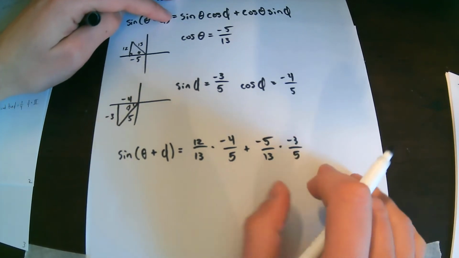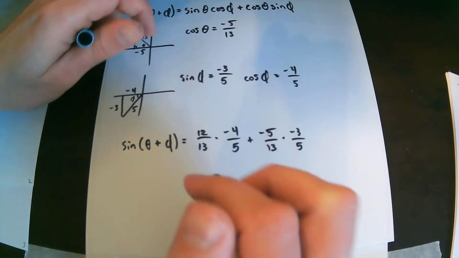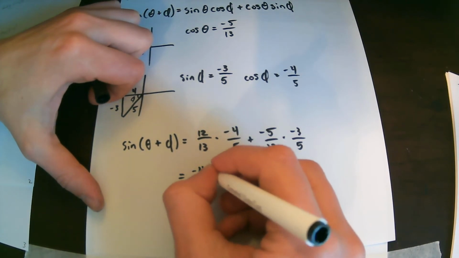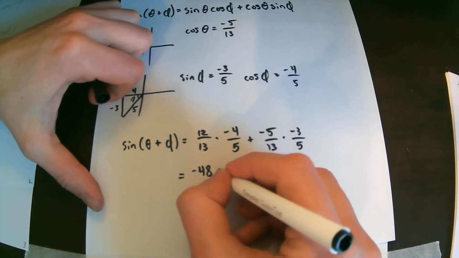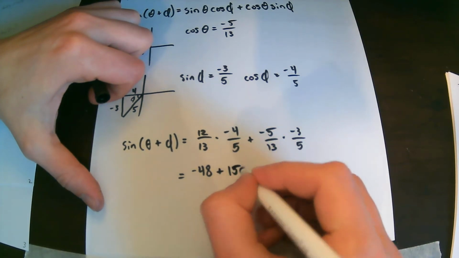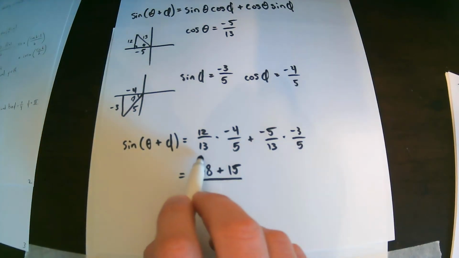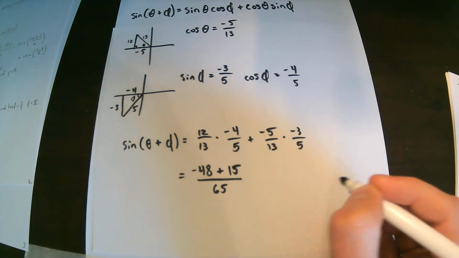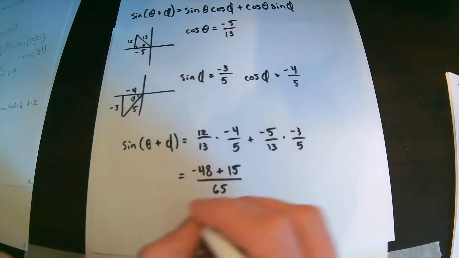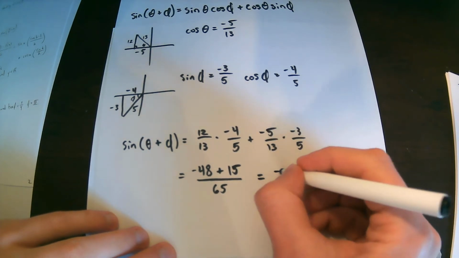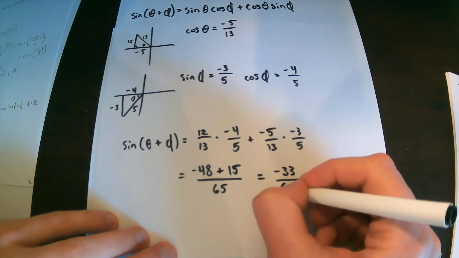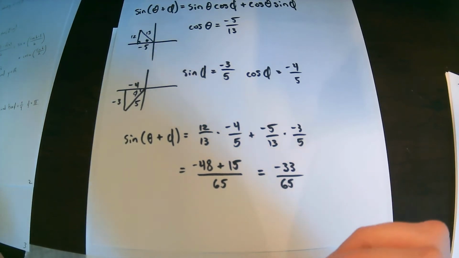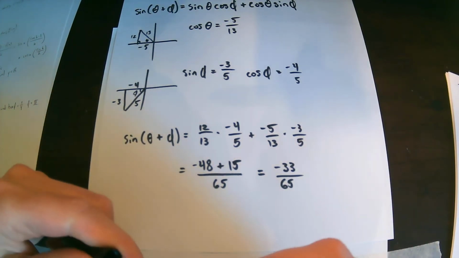And now you just need to clean this up a little bit. We're going to have negative 48 plus 15 all over 13 times 5, 65. And then this will be negative 33/65. Right, yeah, there we go, that's it.